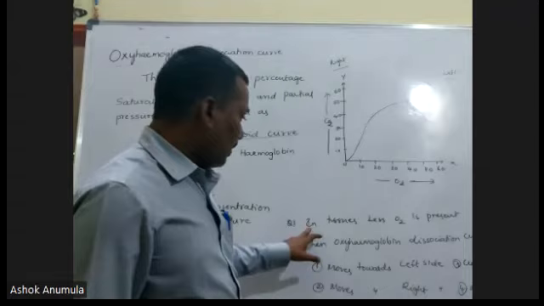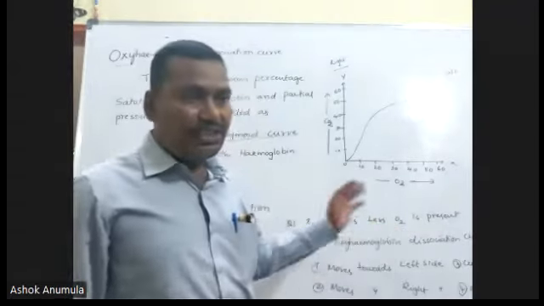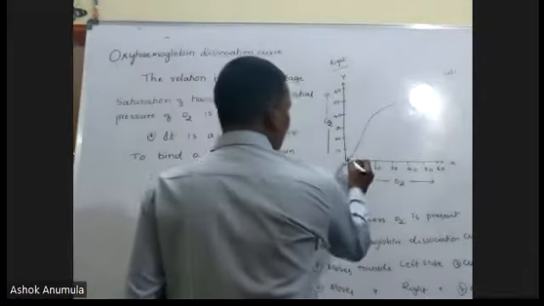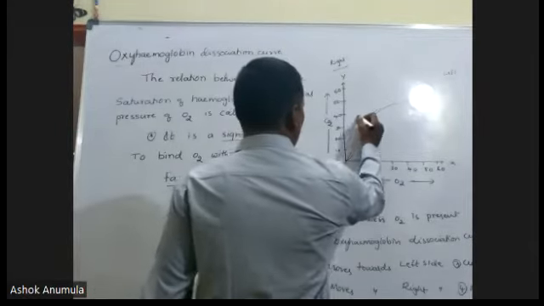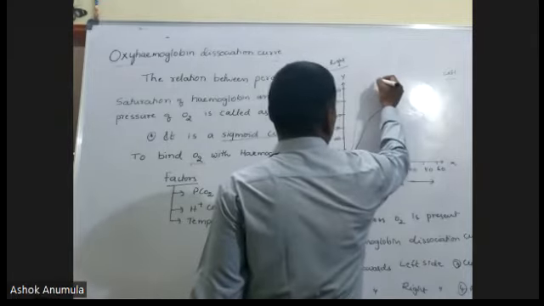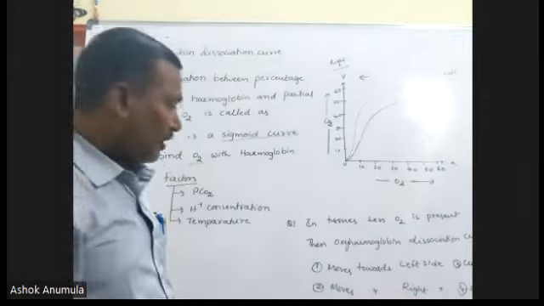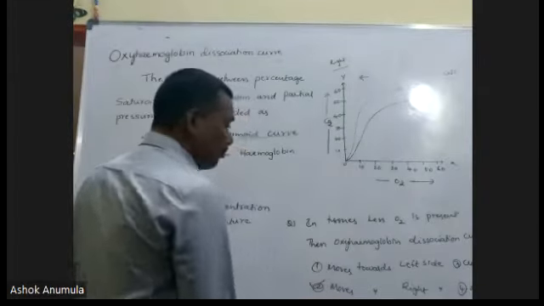But here the question is, in tissues less O2 is present. If less O2 is present, the oxyhemoglobin dissociation curve moves towards the right side. Here you can take our option: moves towards right side.